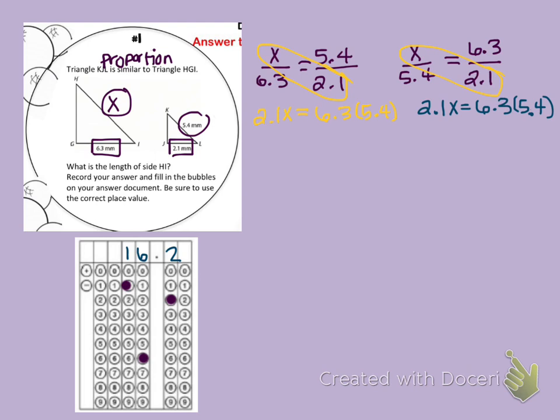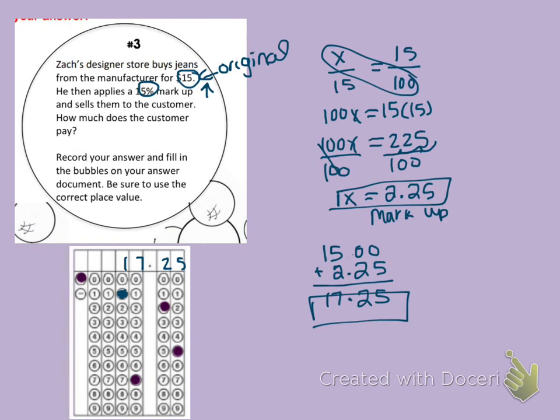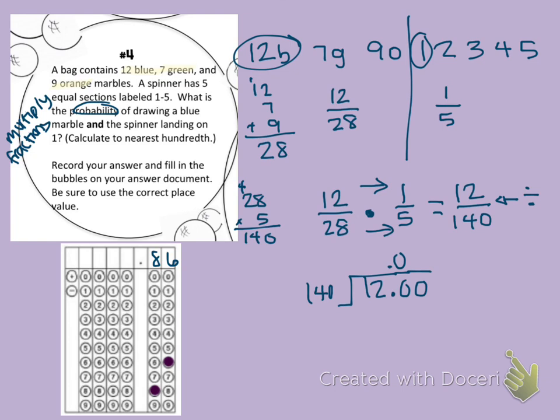So here we have number 1, you should have gotten 16.2, and this is the correct bubbling. Number 2, 26.79, and this is the correct bubbling. 3, 17.25, and we got that together. 4, I'm sorry, this one was actually 0.09 because we already got our 0.